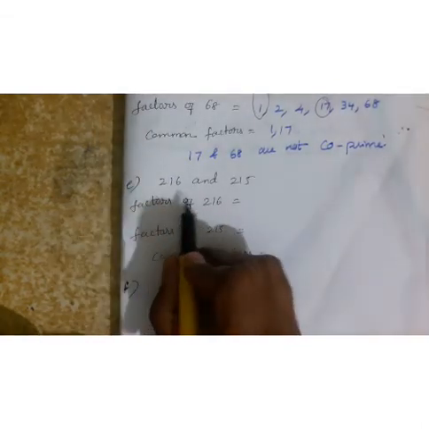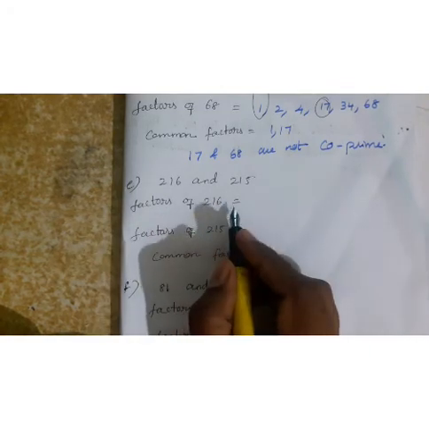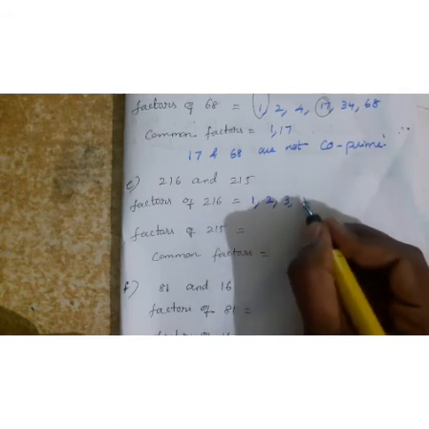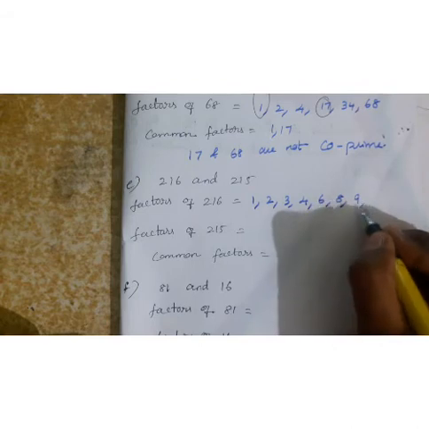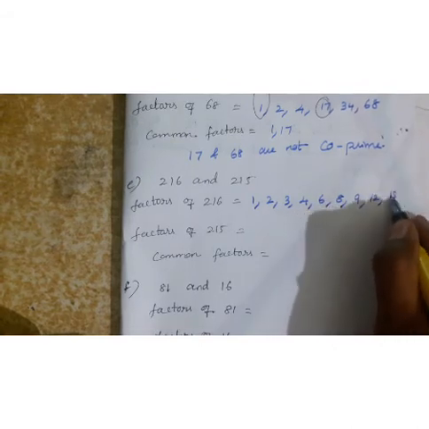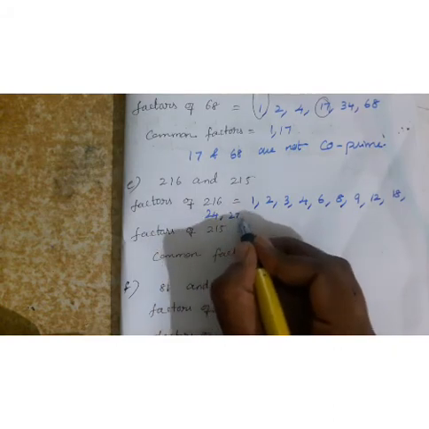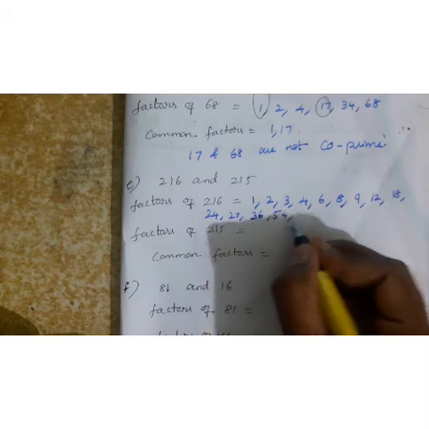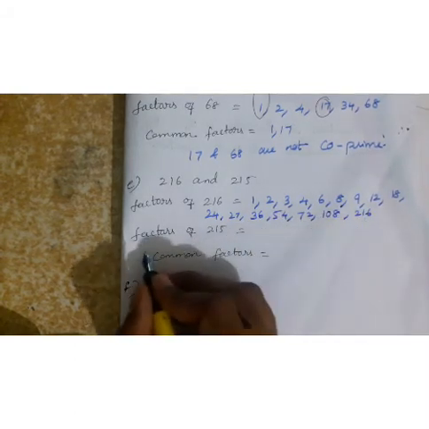E part, 216 and 215. Factors of 216 equal to 1, 2, 3, 4, 6, 8, 9, 12, 18, 24, 27, 36, 54, 72, 108, 216.